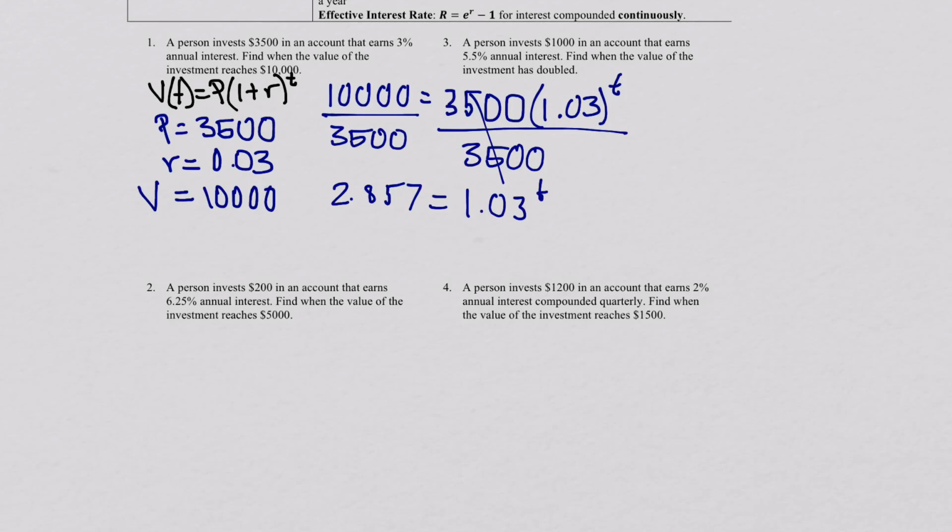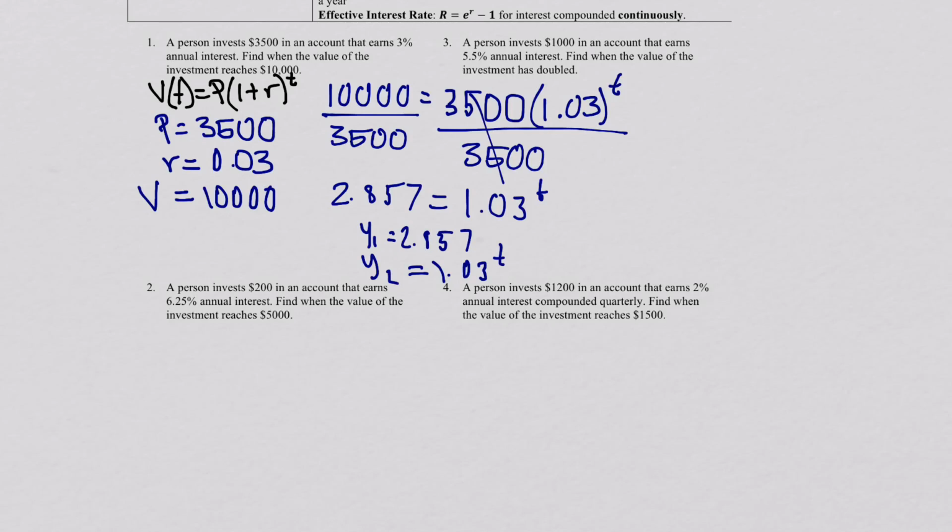Click on y equals, top left corner. And then clear whatever equations happen to be there. And under y sub 1, put 2.857. Under y sub 2, put 1.03 to the power of T. Enter both of those there and graph.